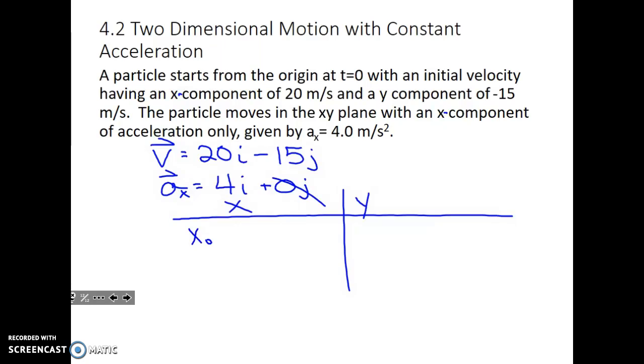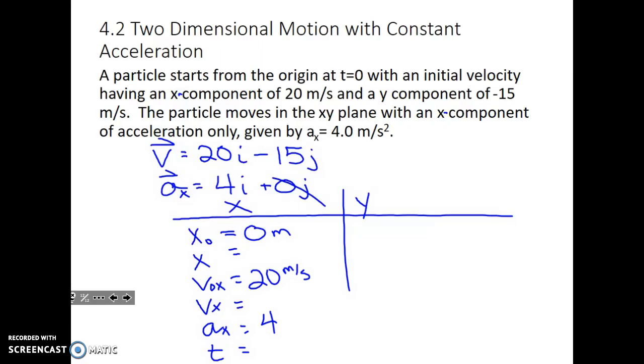I have initial position, final position, initial velocity in the x, velocity in the x, which is the final, acceleration in the x, and time. So I want something in terms of time. Initial position, they say at the origin. I don't know my final. Initial velocity is 20 meters per second. That's 0 meters. Acceleration is 4.